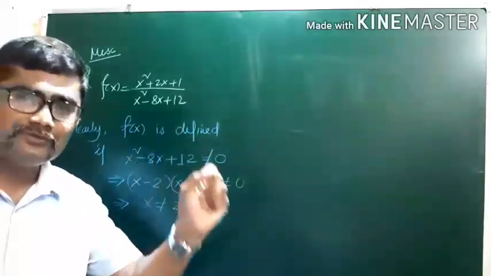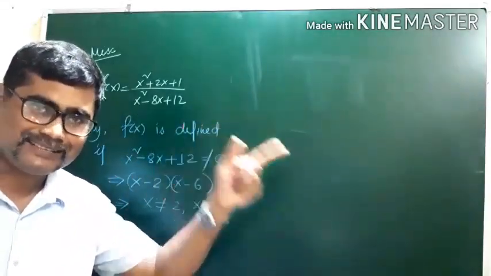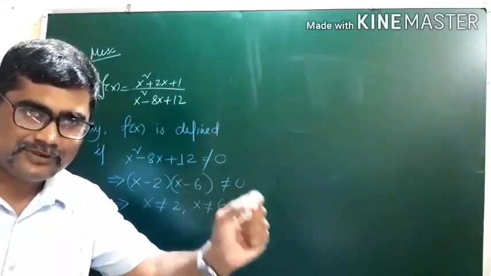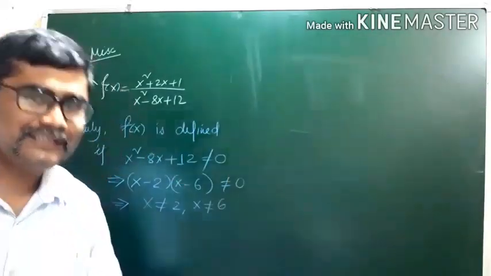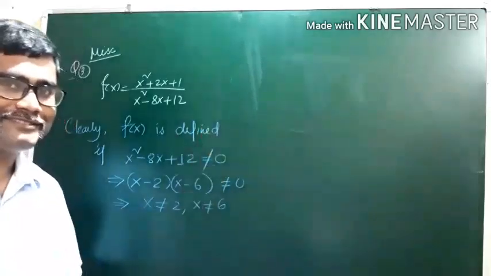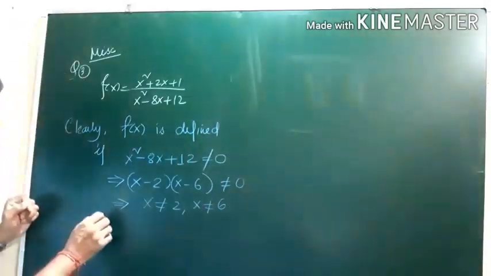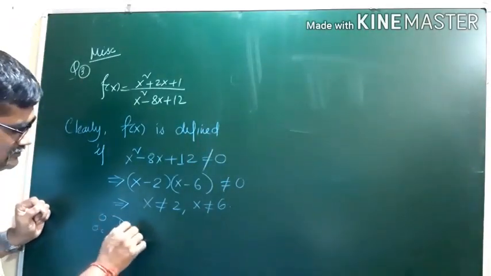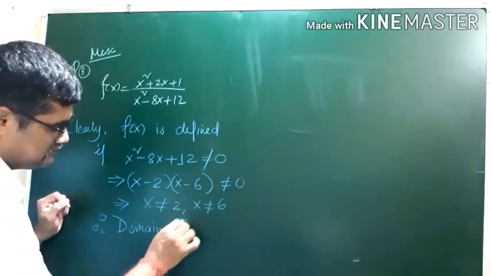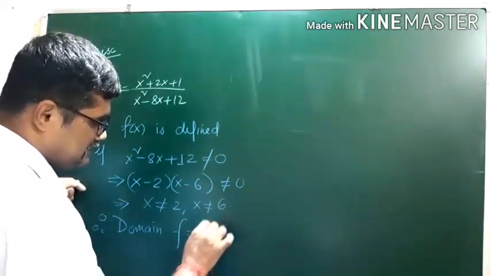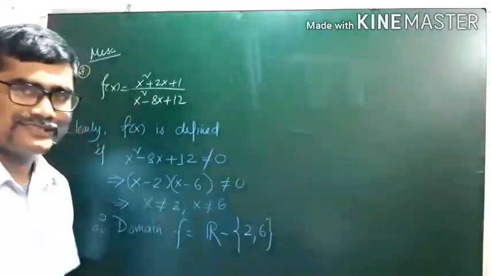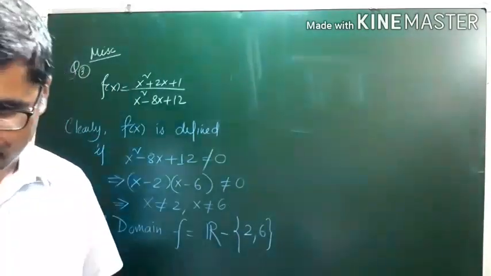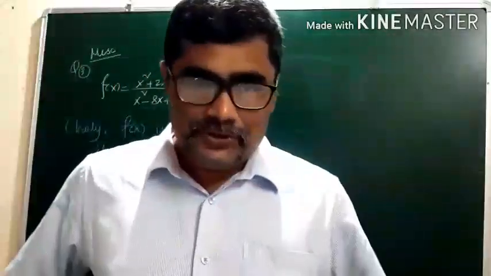If you remove 2 and 6 from the real numbers, you are definitely getting a finite value for the function. So that's the domain. Therefore, domain of f will be the real numbers excluding 2, 6. Right? That's it. So go through it.